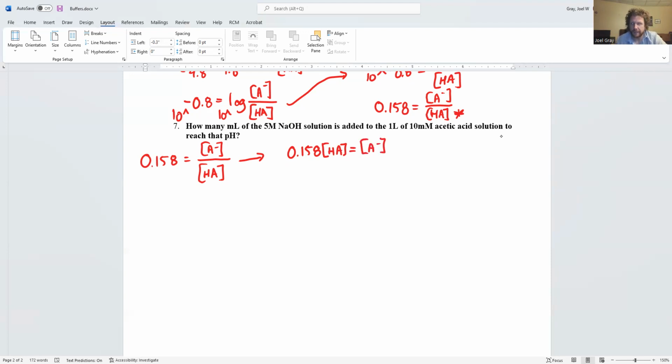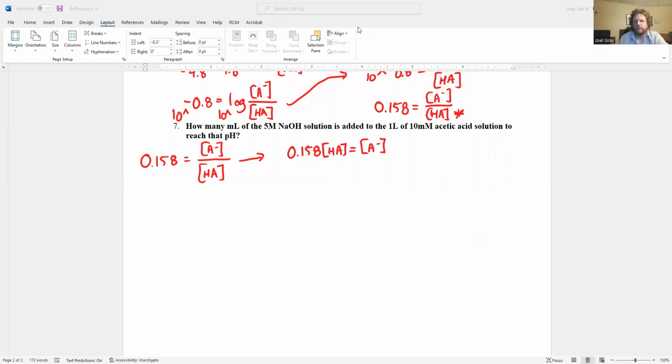Our question is asking how many milliliters of that 5 molar sodium hydroxide is added to our acetic acid solution. This gives me information about my amount of A minus and my amount of HA.